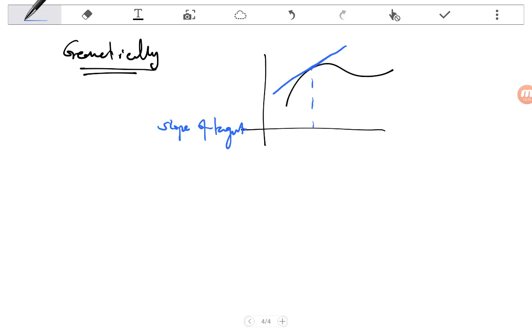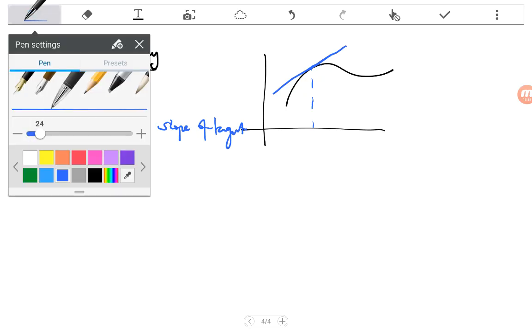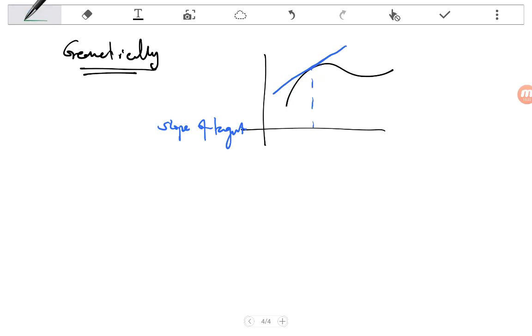Okay? Now remember that the objective of a first derivative is to approximate a curve as if it is made of infinitesimal lines, small lines like this, very small lines like this. So when I need to approximate a curve around this point, what is the approximation of the curve around this point?